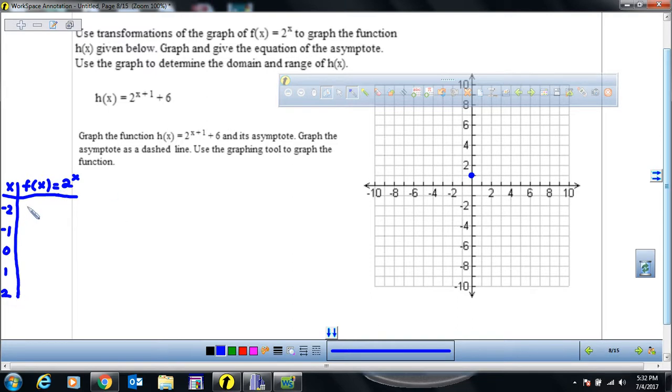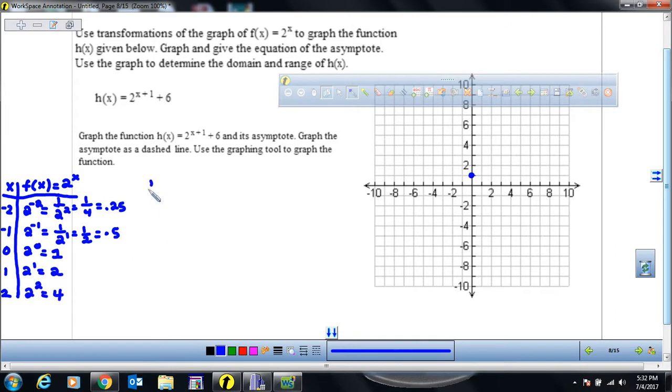So, if I substitute x with -2, so 2 to the -2 power, remember the negative exponent represents the reciprocal, which is going to be 1 over 2 raised to the +2 power, and that is 1 over 4. And 1 over 4 is the same as 0.25. The next one, 2 to the -1 power, the reciprocal would be 1 over 2 to the +1 power, which is 1/2, and that is 0.5. 2 to the 0 power, anything to the 0 power is equal to 1. 2 to the first power is 2, and 2 to the second power is 4.